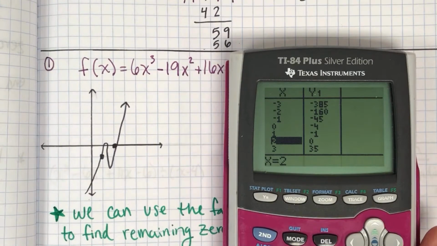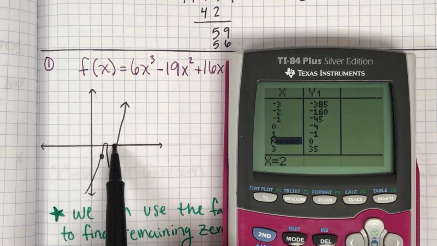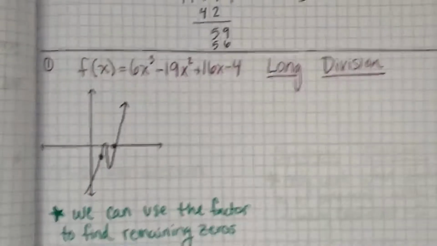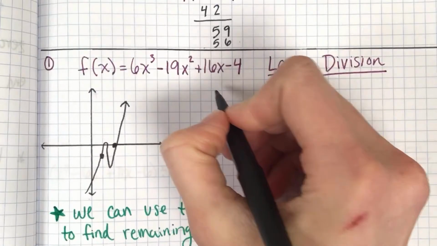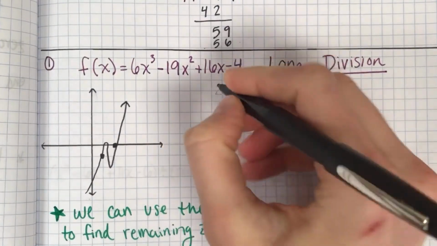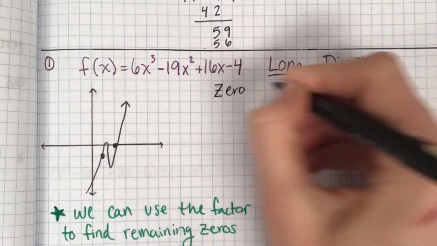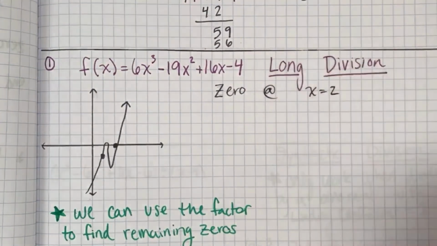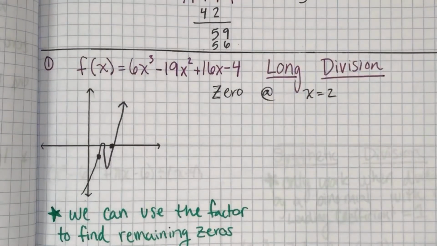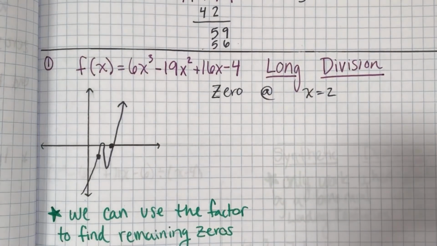All right, so we can use the fact that we know that 2 is a 0 to find all of our remaining zeros. So we have a 0 at x equals 2, and we're going to use that to find our remaining factors.